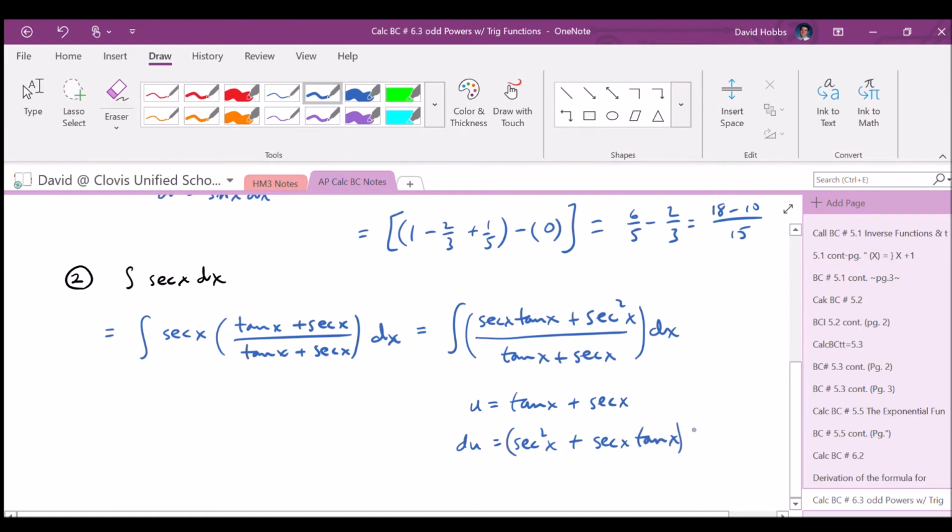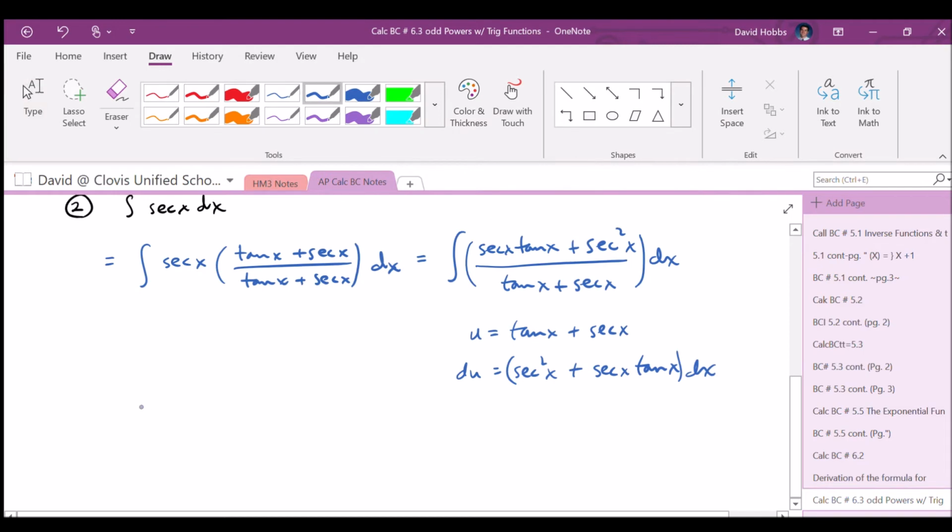And of course, don't forget the dx. And at that point, you go, oh my goodness, that is exactly what we have up top. Now, it's in reverse order, but because there's a plus there, remember, addition is commutative, so it really doesn't matter. That's just a perfect substitution.